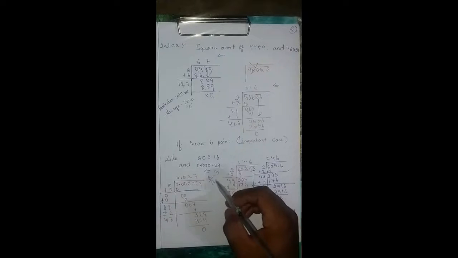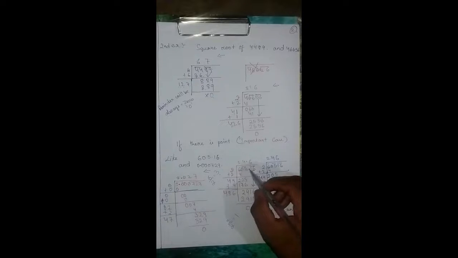See here, 1 2 3 4 5 6, 6 by 2 is 3. After 3 digits you will keep the point, and the answer will come easily. Here also 1 2 3 4, after 2 digits there is a point, then we will keep 1 here. 2 divided by 2 is equal to 1.